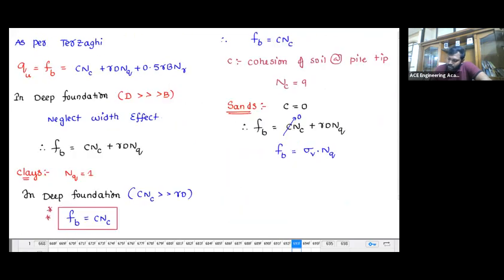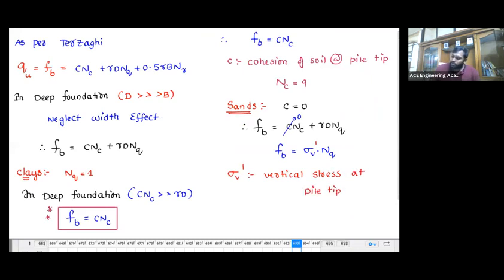Now if there is a water table, sir, what do we have to do? I have to use the effective stress parameters. As per Terzaghi, if there is a water table, below the water table I have to use gamma as gamma dash. So what is this sigma v dash? The sigma v dash is nothing but the vertical stress at the pile tip.